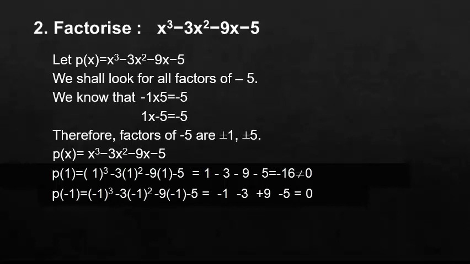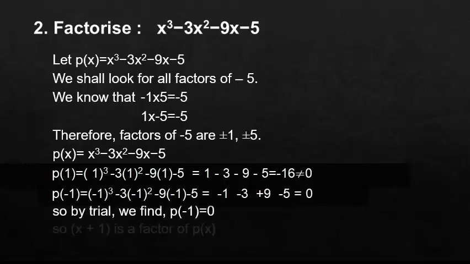So I will get minus 1 cube minus 3 into minus 1 square minus 9 into minus 1 minus 5, which gives you minus 1 cube is minus 1, minus 3 into minus 1 square is minus 3, minus 9 into minus 1 is plus 9 and minus 5, which gives you a 0. So by trial, we have found that p of minus 1 is equal to 0.